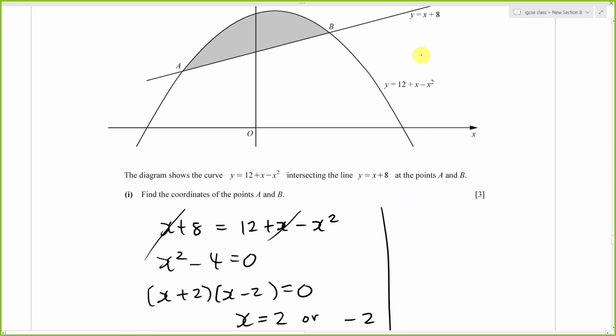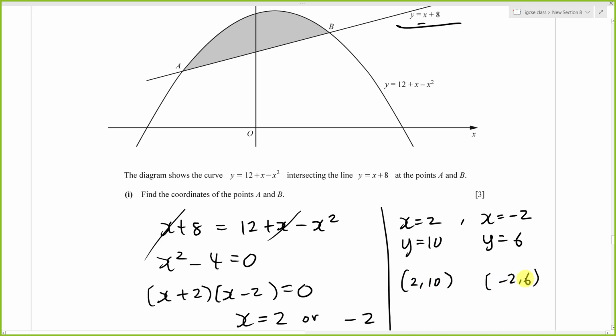What we do is we sub into the y here. So when x equals 2, y equals 10. When x equals negative 2, y equals 6. So sub into this equation, alright? So you have 2, 10 and negative 2, 6. So kind of get the idea. Negative 2, 6. This one will be 2, 10.